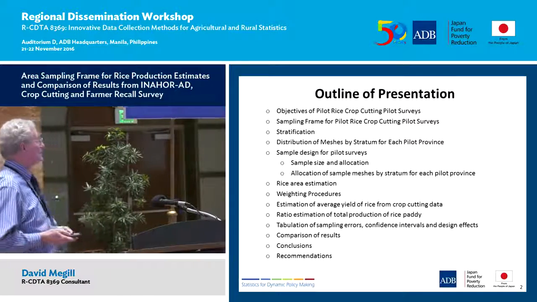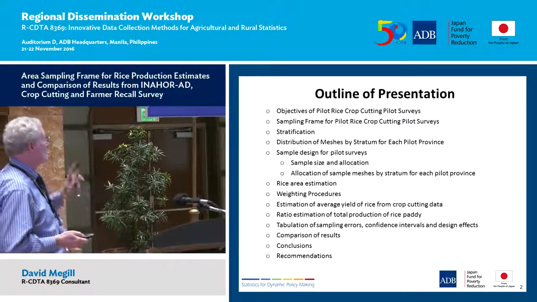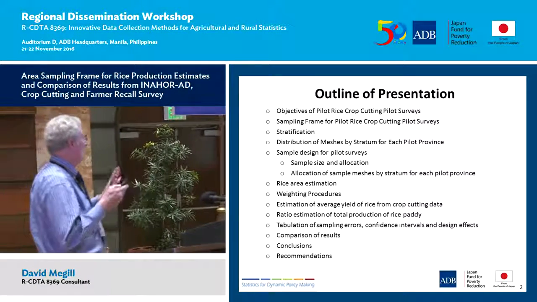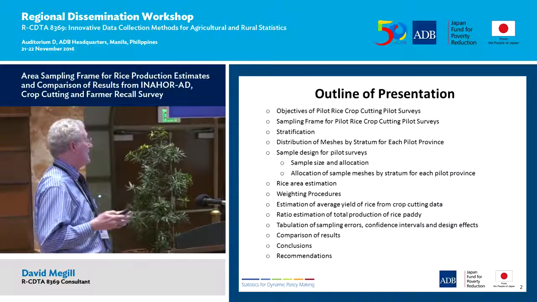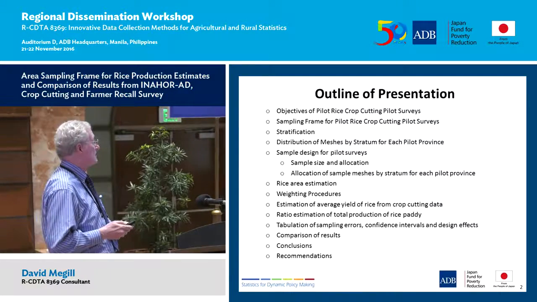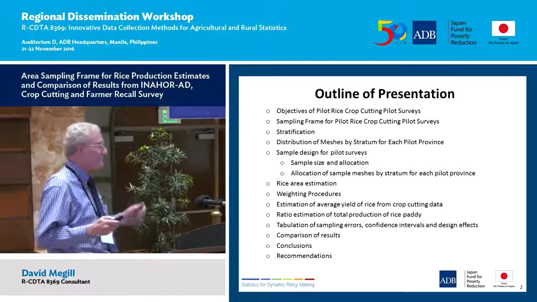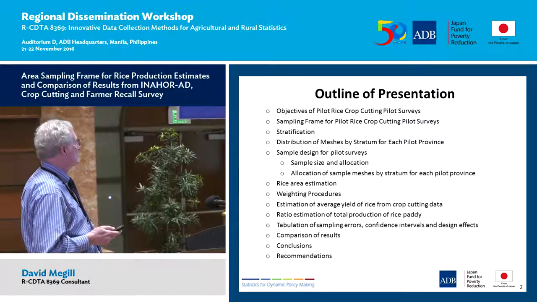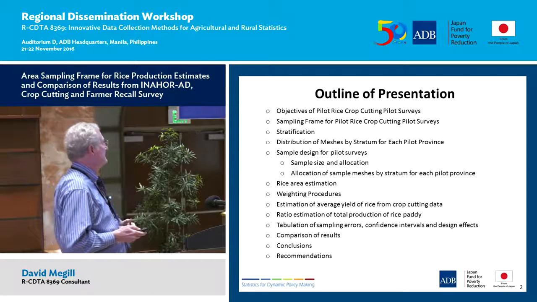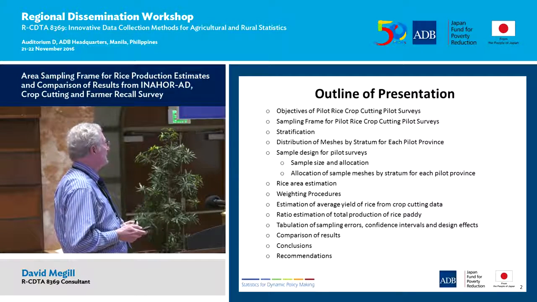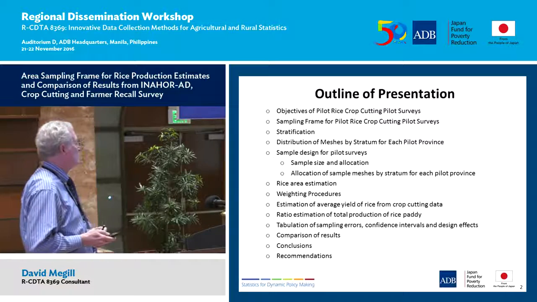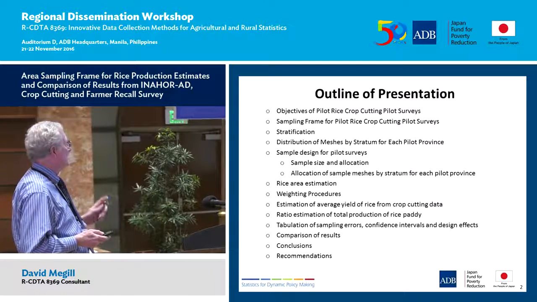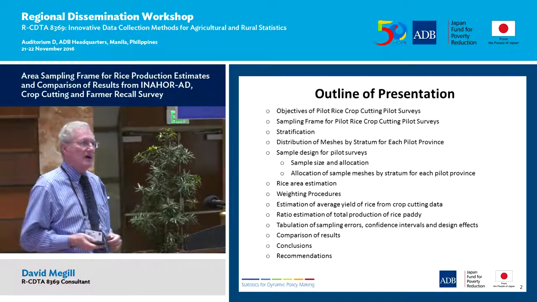So during this presentation, we're going to be talking about the overall objectives of the pilot rice crop cutting surveys and the 4 provinces and the 4 countries of Southeast Asia, and the sampling frame for the surveys, and how we stratified the survey.